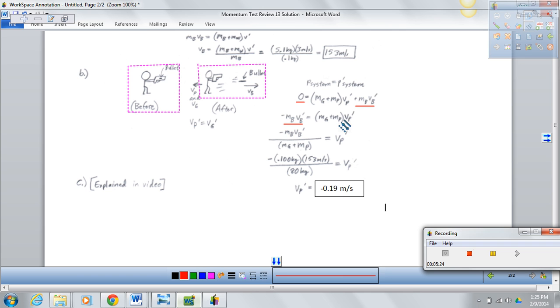It's negative. Then I divided by mass of person plus mass of gun. My last step is to just plug in the numbers, and I get as my answer that the person and gun are only moving backwards at roughly 0.2 meters per second, negative 0.19 meters per second. That's pretty much it for this problem. It wasn't too bad.